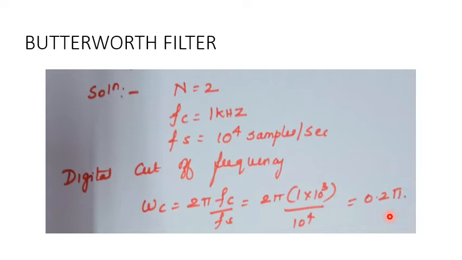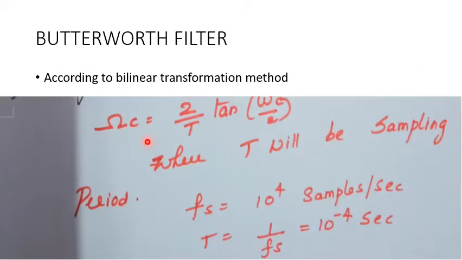As we have found the cutoff frequency of the digital filter, now we'll calculate the cutoff frequency of the analog filter. You should first see the difference between this omega and the previous omega.